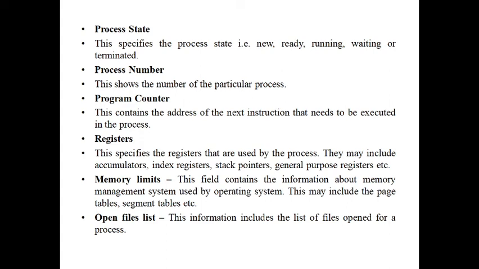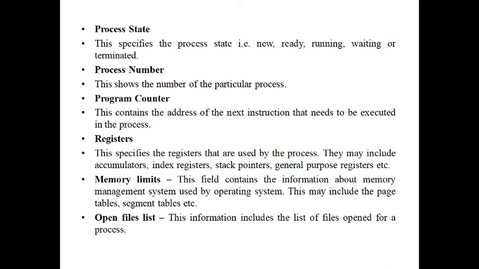Accounting information will also be there, like how many processes are executed, at what time they are executed, how much time each has taken, what type of registers it used, and how many registers it has used. Everything will be stored in the accounting information. The next one is the open files list.